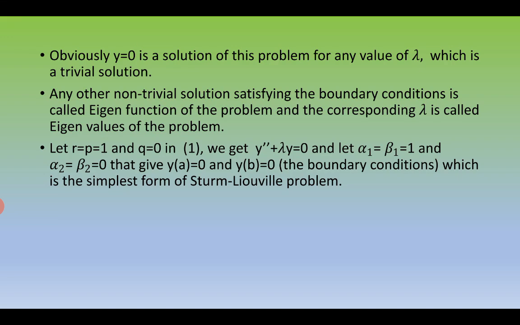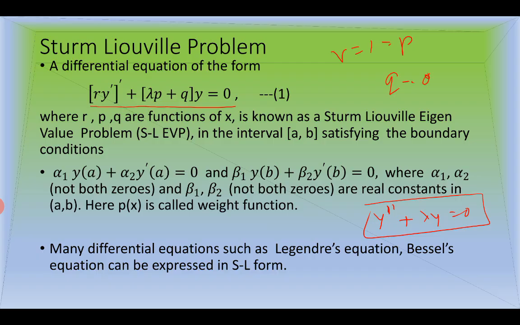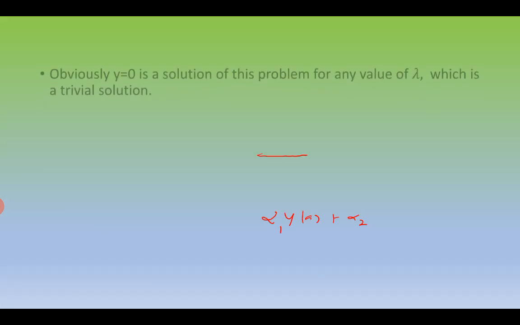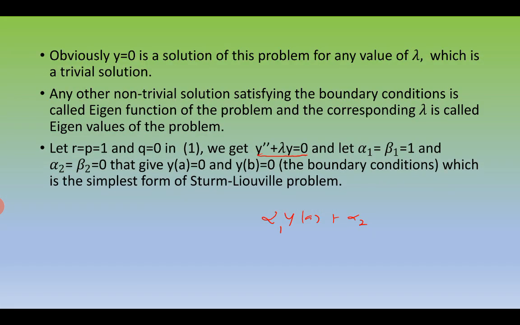We get y double dash plus lambda y is equal to 0, and there are two conditions, isn't it? The first is alpha 1 y of a plus alpha 2 y prime of a, which is equal to 0.